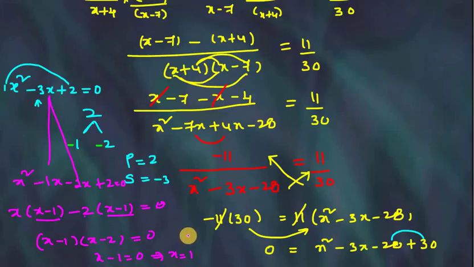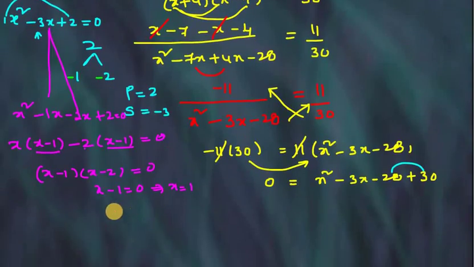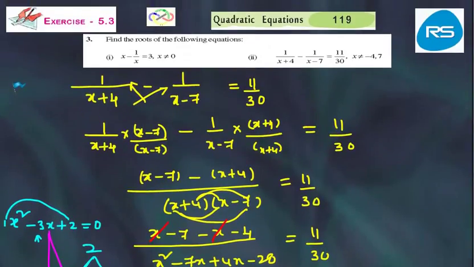B is also 0 here. So what is the value of B? x minus 2 is equal to 0, that implies x is equal to 2. Either 1 or 2 is the solution for the given question. So this is all about the sum. So we got the roots for the question.